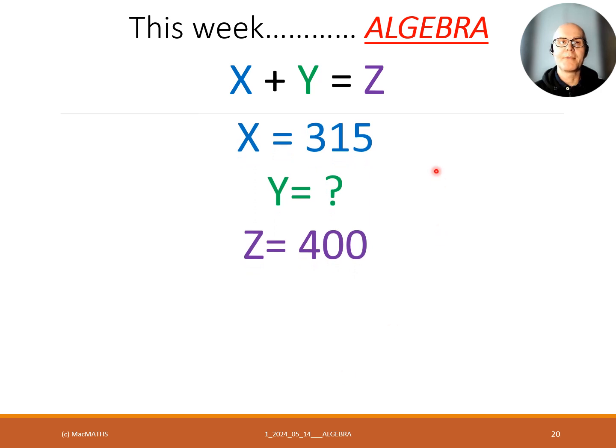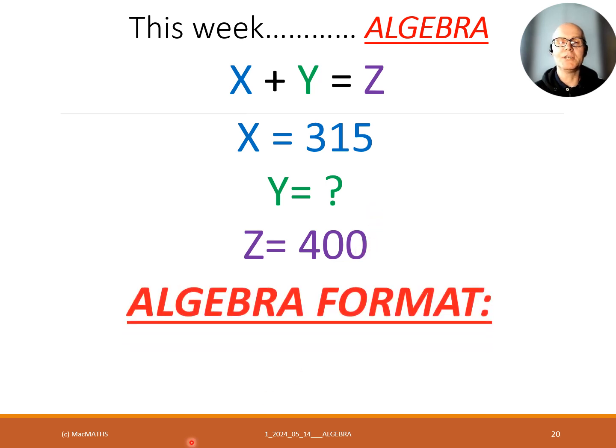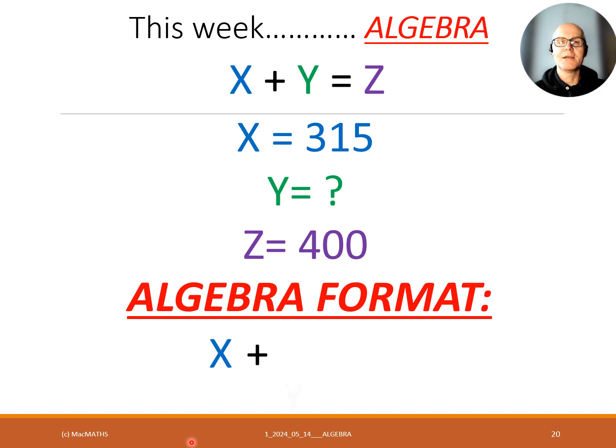Next example. X plus Y equals Z. X equals 315. Y, again, we're looking for the value of Y, and Z equals 400. Substitute the numbers in for the letters that we do know. That gives us 315 plus Y, which we're trying to figure out, equals 400.